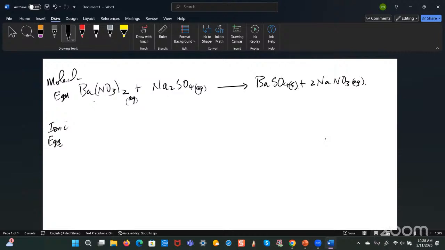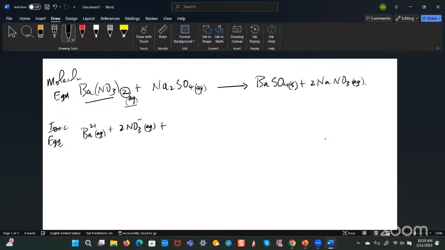Do we break this down? Do we dissociate it? Yes, because one, it's ionic, and two, it's in an aqueous solution, right? So when this dissociates, it's going to form Ba2 plus aqueous. And because of this 2 here, you're going to get 2NO3 minus aqueous. All right? So that takes care of this.